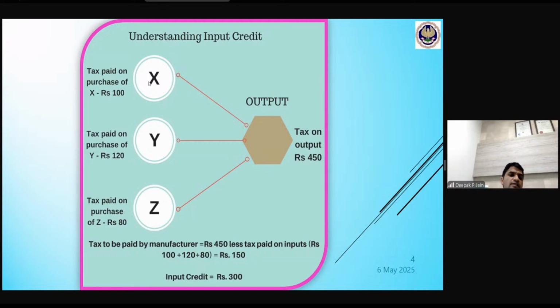In the electronic credit ledger, whatever is this 50 rupees extra in the second example will go and sit in the electronic credit ledger. Got it? So output minus input can be output tax payable or it could be input tax credit.